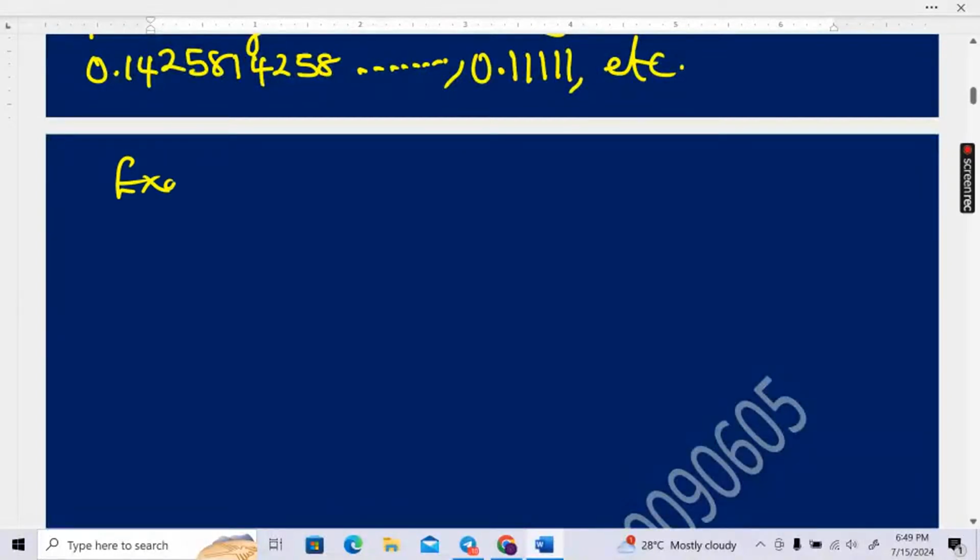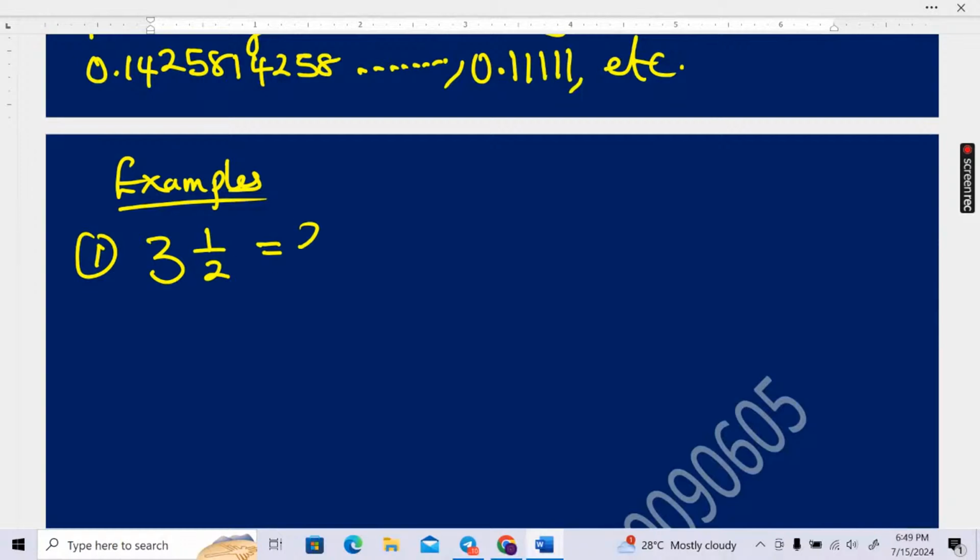Now, look at some examples that I have here. Anytime you have 3 and a half, it means 3 plus half. You need to break it down. You need to expand. 3 is a whole number.